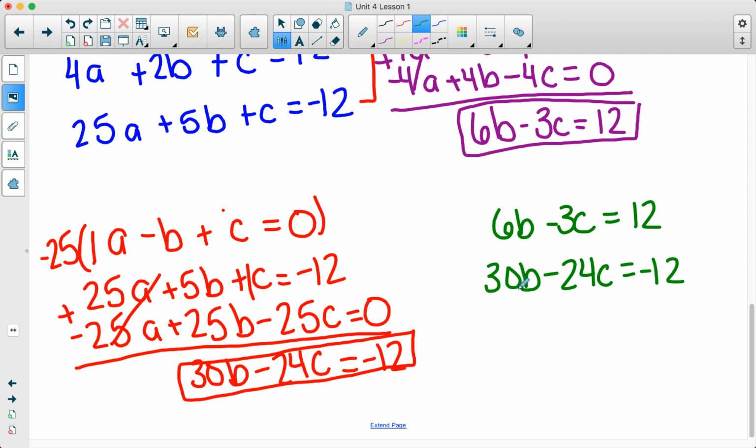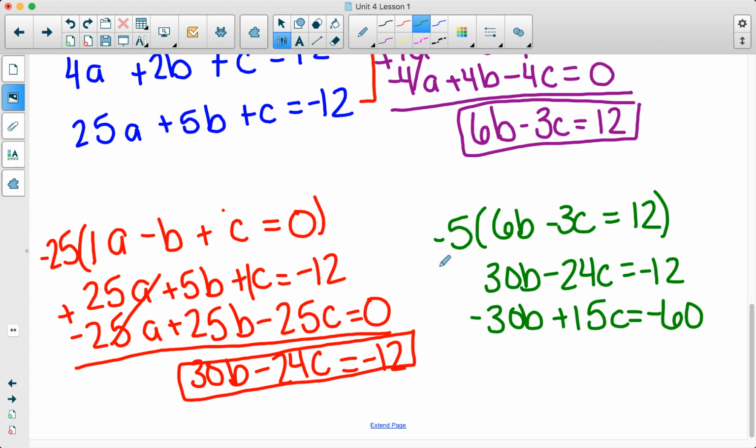This is already a +30, so I'm just going to do all the work to this top equation here. And in order to make this -30, I'm going to multiply by -5. So I'm going to distribute -5 into everything. So that's going to be -30b plus 15c equals -60.